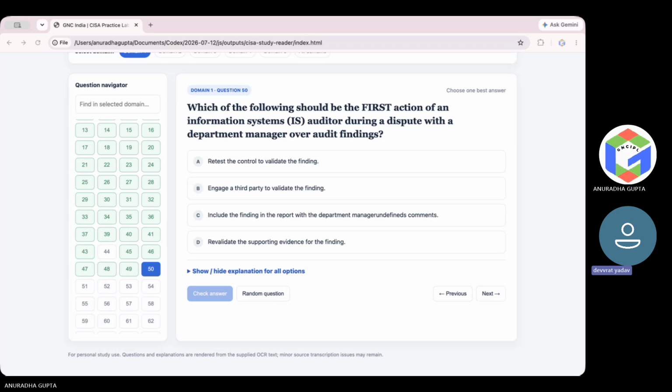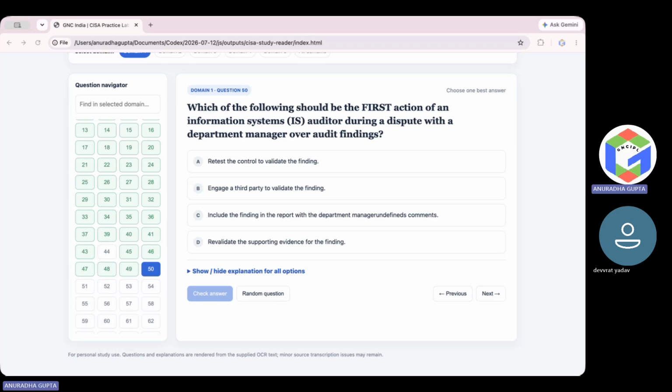Once the first step is to retest the control, because if we again revalidate the same evidence, the auditor will again come to the same conclusion. So it's like going in a circle. That's why I thought option C would be much better, but as you said, one step is still there, so we can go with A. We test the control again with different evidence.